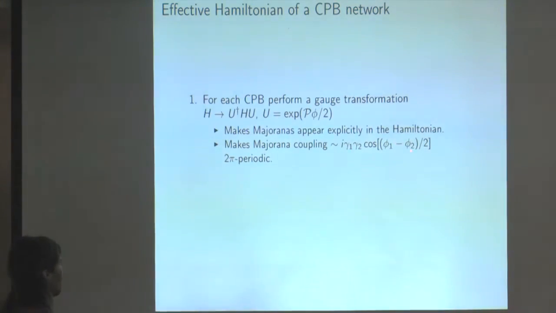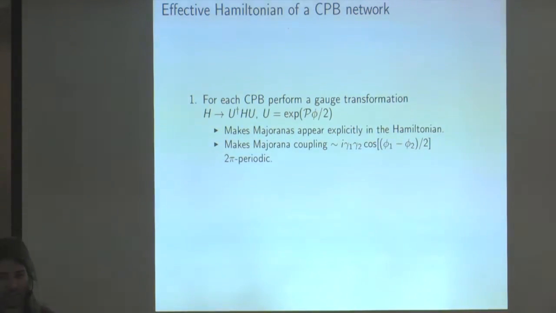Second, it makes all the couplings 2-pi periodic. The physical meaning of what I have done is that I have arbitrarily assigned charge e to every single state of Majorana fermions on every island. This is not a unique procedure, because I could equally well assign a charge plus e or a charge minus e. So some couplings look odd after this transformation, but it's still a correct Hamiltonian.